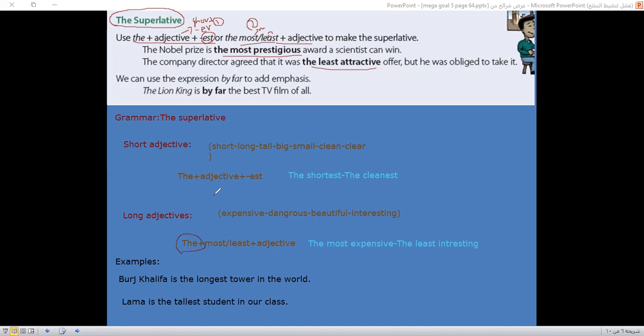The is in both, so I always start with the in the superlative form. But only if it was long; if it was short, only est. For example, the oldest, not the most, the oldest. If it was a long adjective, then it's going to be the most, and then you just say the adjective. So use your same sentence and change it to a short adjective.